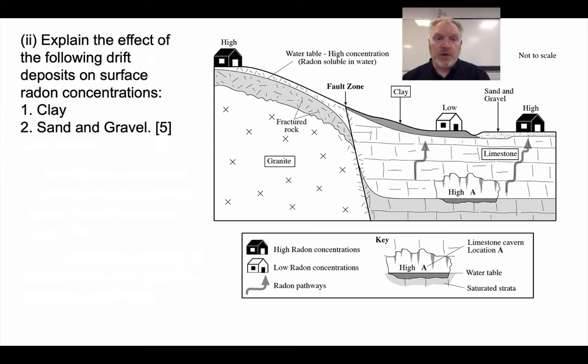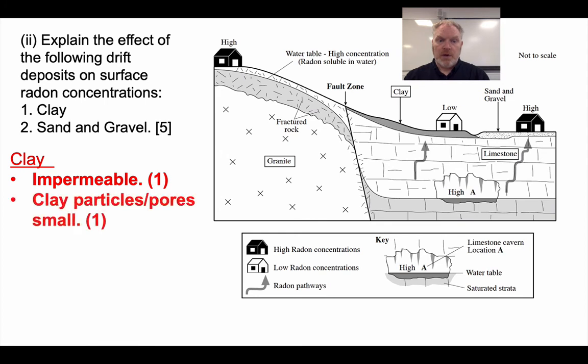Okay, the second part of the question asks you to look at the drift deposits, the superficial geology. Let's think about the clay first of all. So the clay is impermeable because the pores are incredibly small within clay and they're not connected.